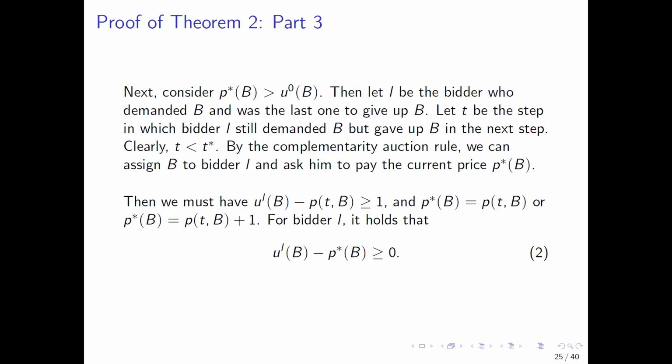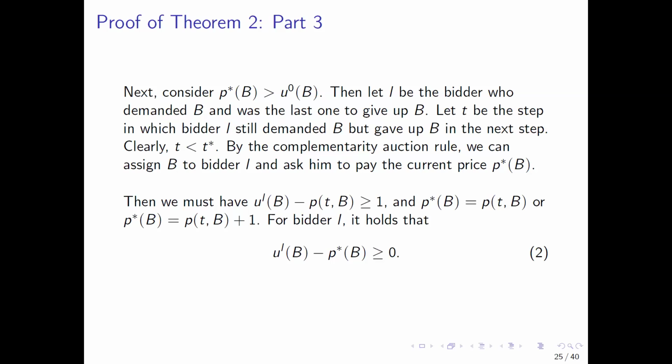Maybe bidder J could be demanding the same bundle that goes to I, because he was indifferent and chose a different bundle, and he would give up if he demanded that bundle. Even in that case, you choose bidder I. Yeah. Bidder A.